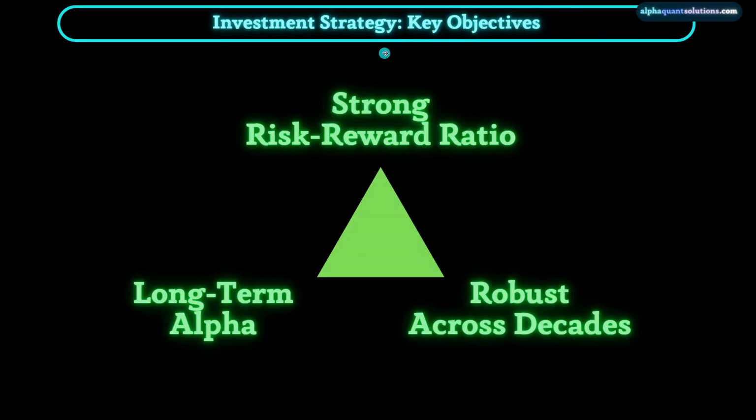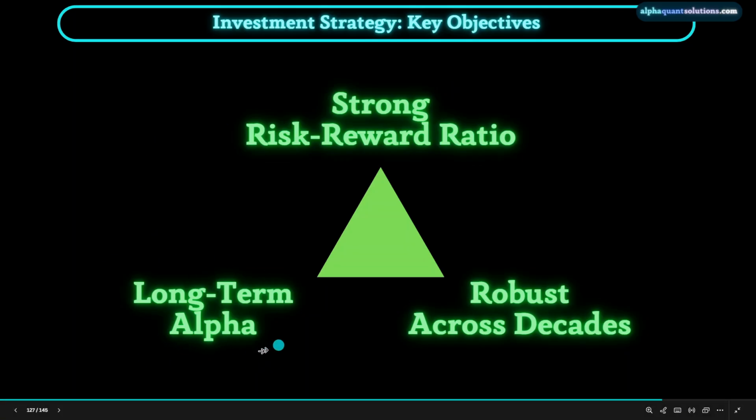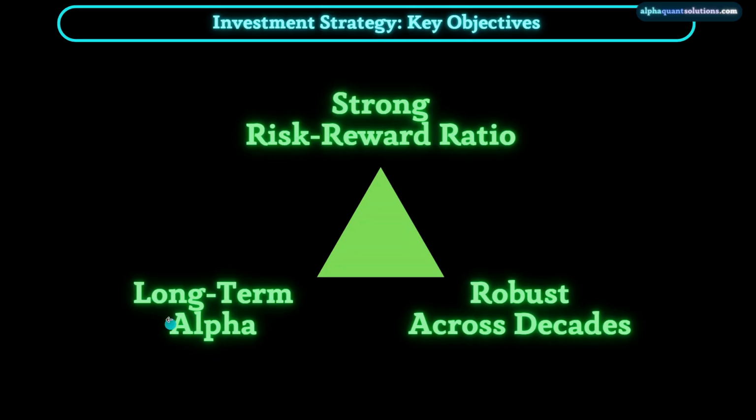So we have identified three key objectives for our investment strategy. First, we want to maximize the use of long-term alpha signals. So this means we want to pre-process the data such that we can increase the signal-to-noise ratio and easily identify long-term trends. Second, we want to optimize the risk-reward ratio.